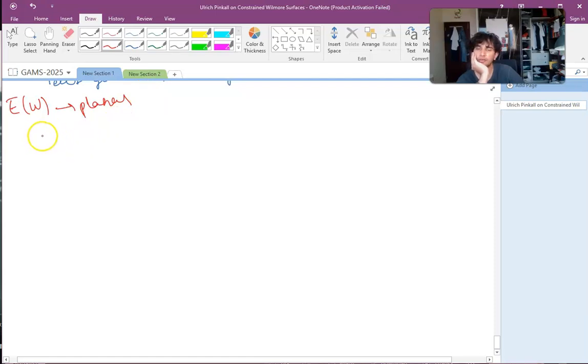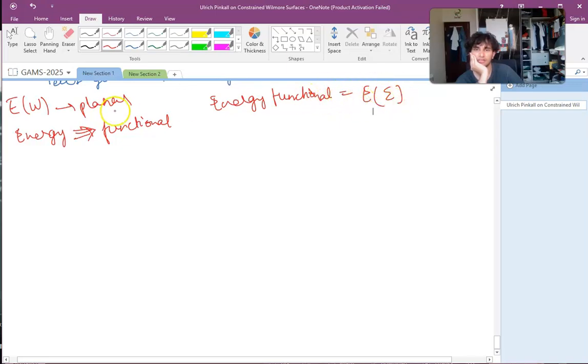Similarly, you can define two more energies, okay? And the better term, rather than calling it an energy, the term that's used is a functional. So this would be the energy functional, given as E of sigma.